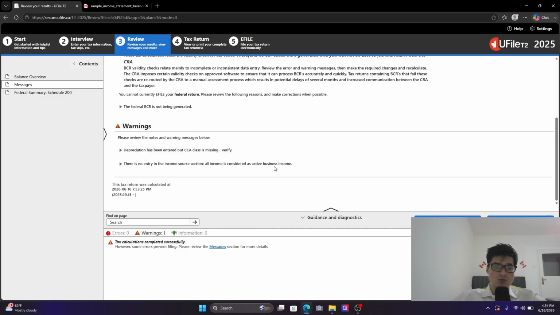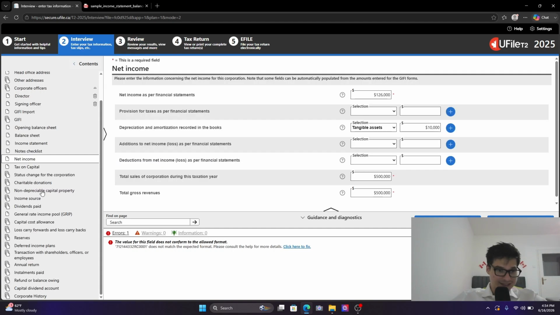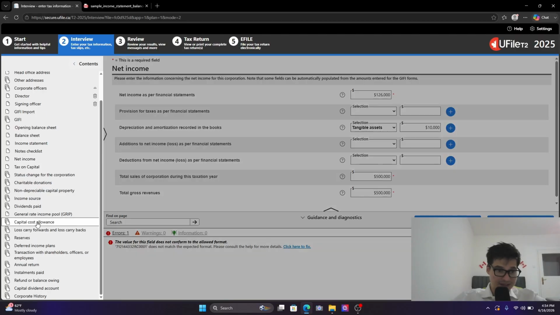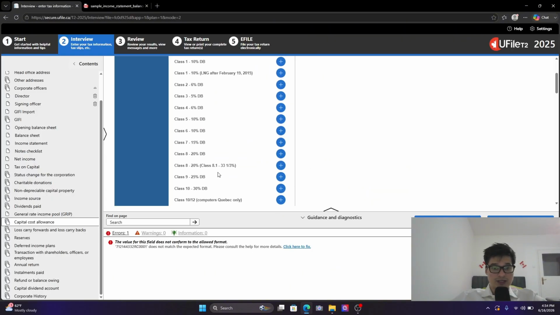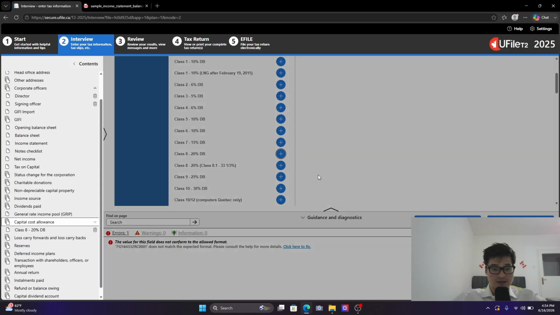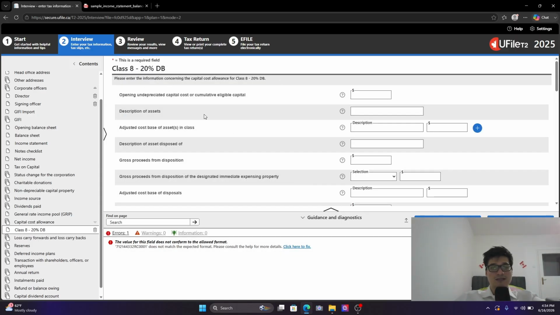You'll also have a couple warnings here. So because we had depreciation, we should have Schedule 8. I'll just show you how to do that in theory. So here you'll go down to your CCA. So we had our equipment, whatever that was related to, you're going to have to find the appropriate one here. So most of the time, class 8 is your catch-all one, and you'll just show whatever it was.